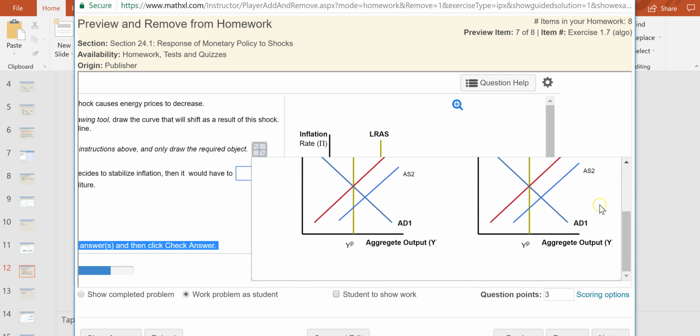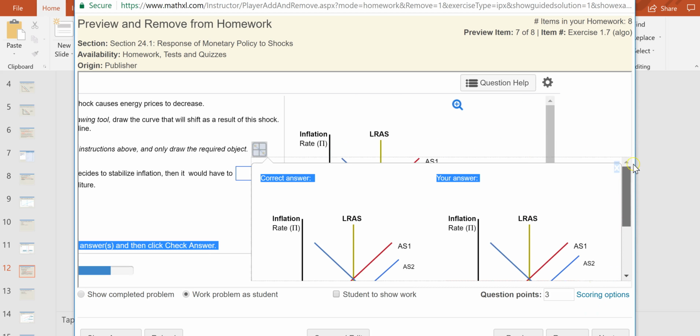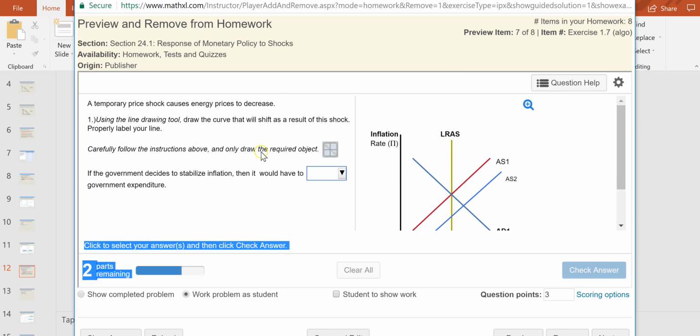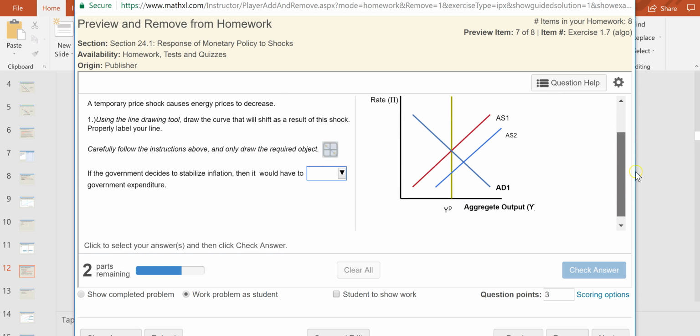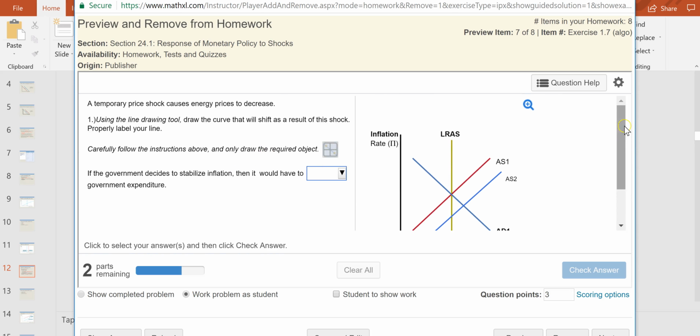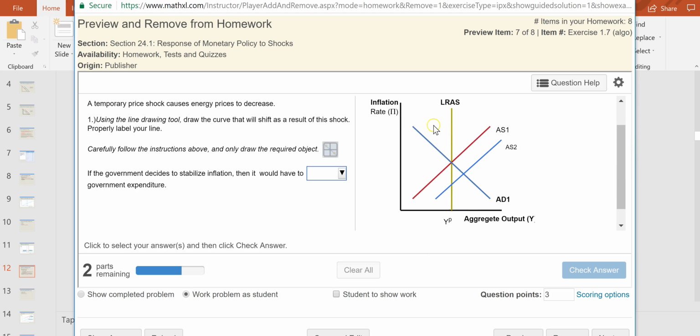So it seems that it doesn't allow me to draw this. I just want to show you that the AD curve will have to be shifted to the right in order to increase the inflation, right? How could the government shift the AD curve right? By loosening the monetary policy.